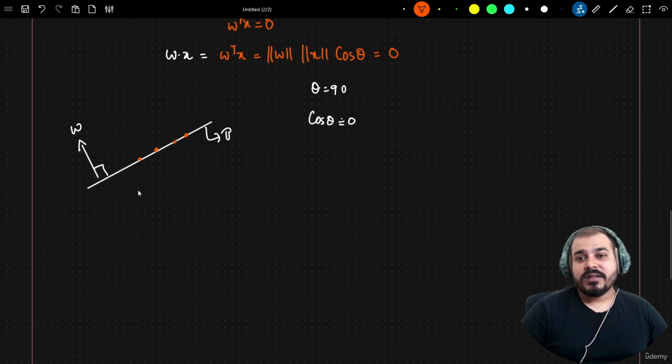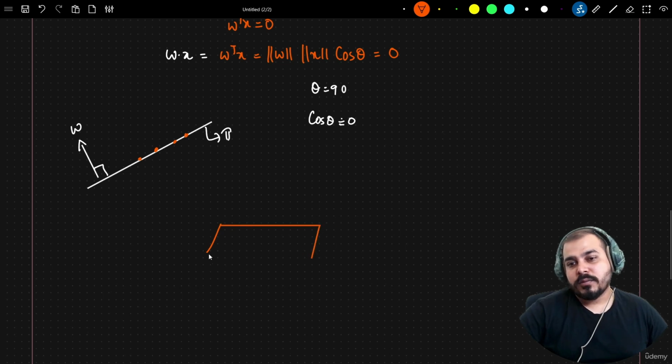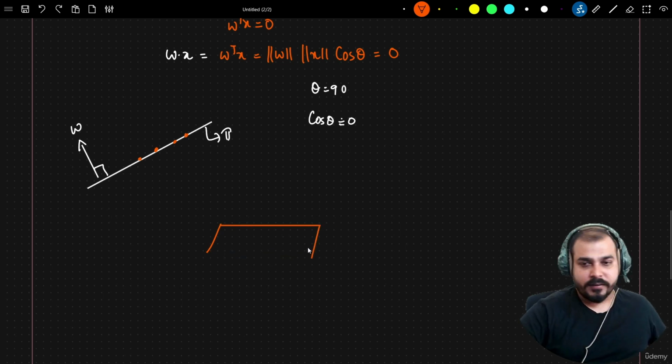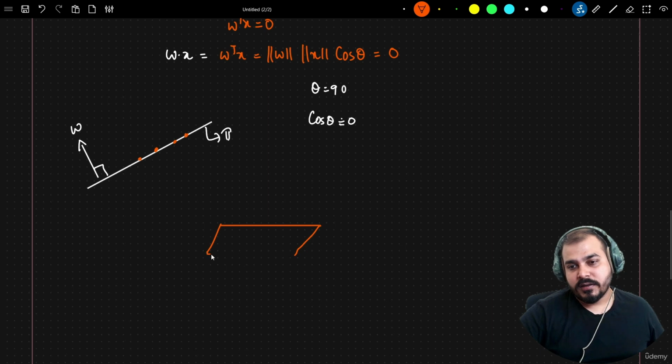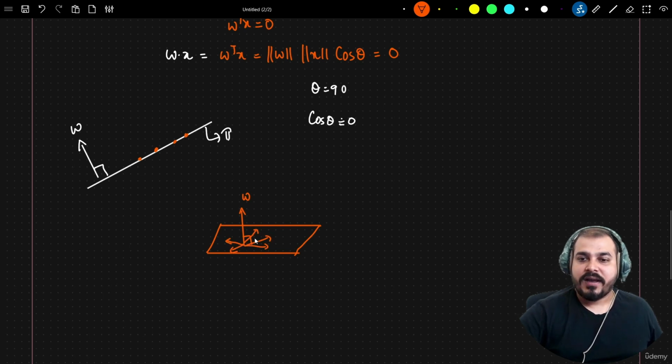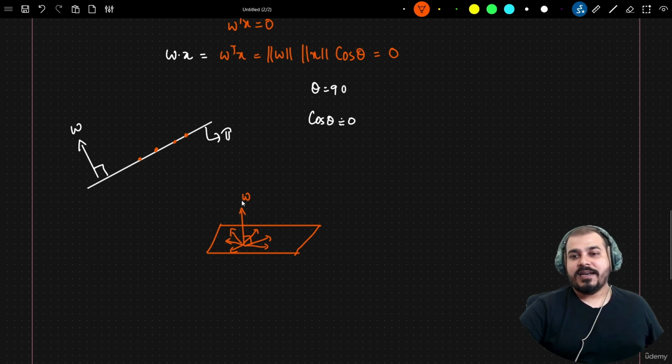Now similarly with respect to a 3D plane, how does it look like? Let's consider that this is my 3D plane. If I try to create a straight line, this is basically my w, and this will always be perpendicular to every point that I see over here, x1, x2, x3, x4, x5, whatever plane we are creating.